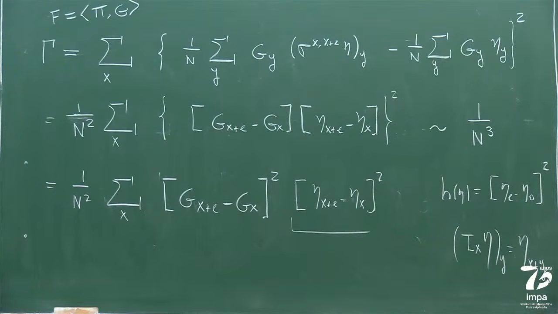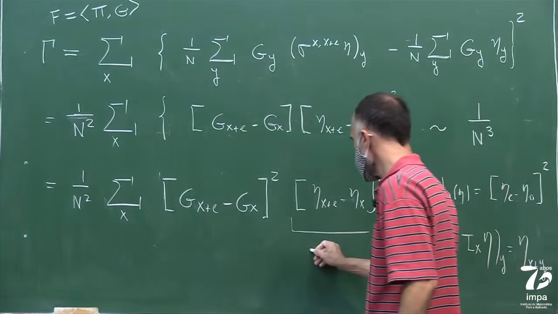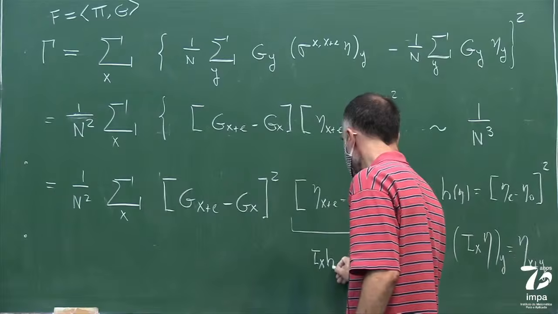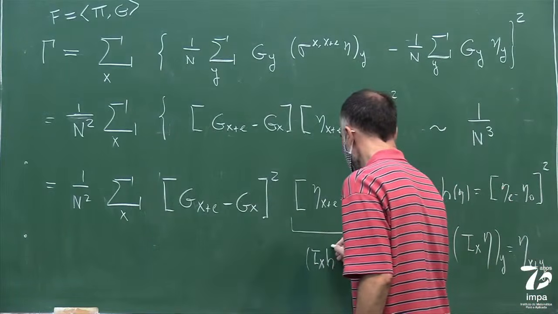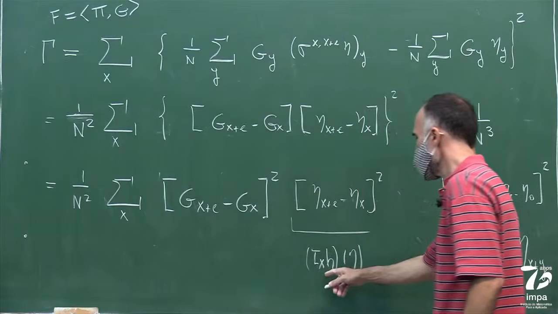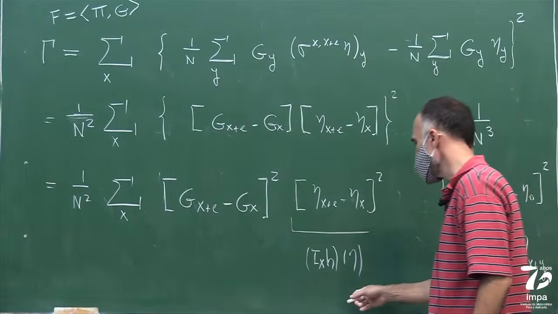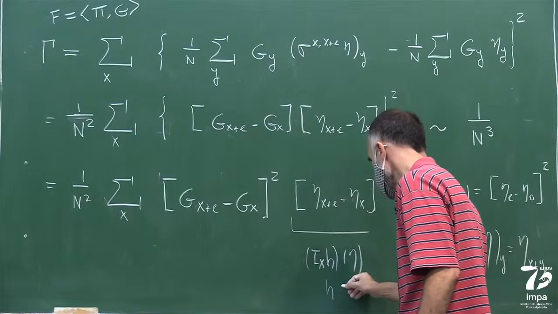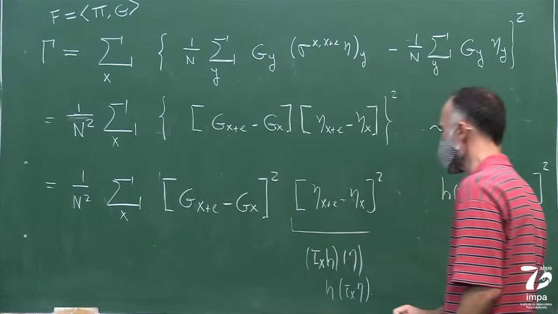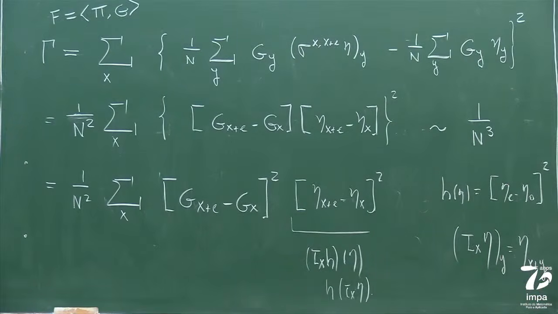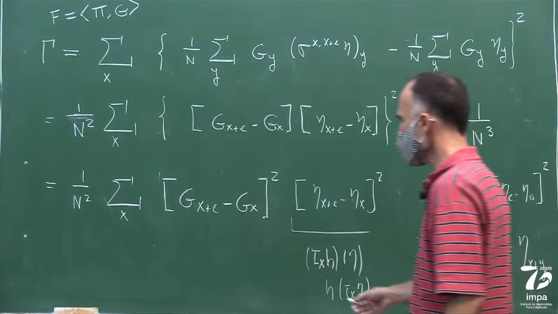Okay, so tau x is just the group of translations. And so if I call this function h, this function here is just you take the function and you translate it. And how do you define the translation of a function? Well, it's h computed at the translation of eta. Okay? So this is just the translation.